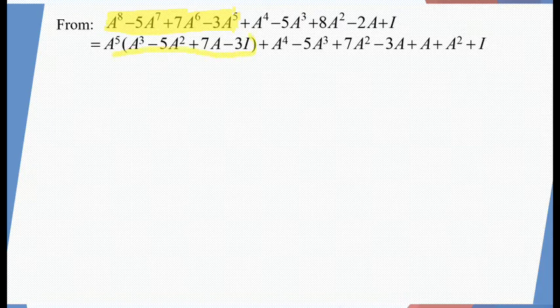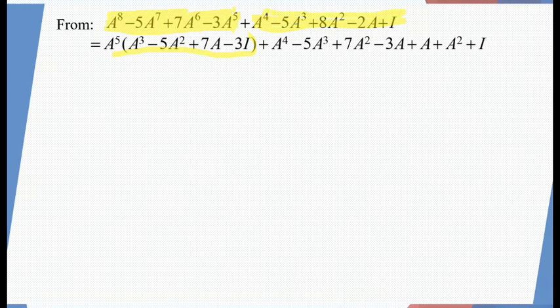So this is converted into A cube minus 5A square plus 7A minus 3I. This is just the characteristic equation. And now try to convert this remaining function also in terms of the characteristic equation.